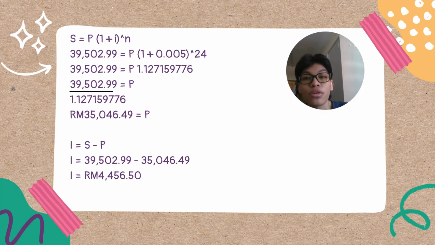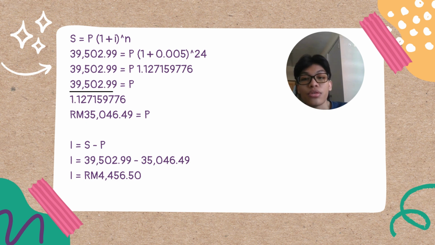Then we can start to calculate the answers. The formula that we use for this question is S equal to P(1 plus i)^n. Then we calculate it, which we got S equal to 35,046.49 ringgit.